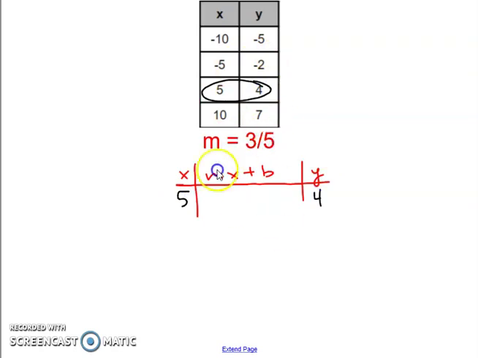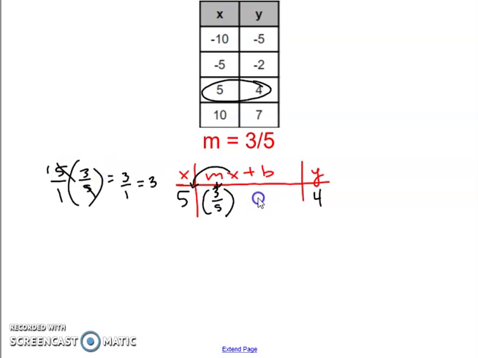I'm going to use my slope: slope times x, so 3/5 times the x value, 5 times 3/5. 5 divided by 5 is 1, 1 times 3 is 3, divided by 1 is 3. So I'm left with 3.